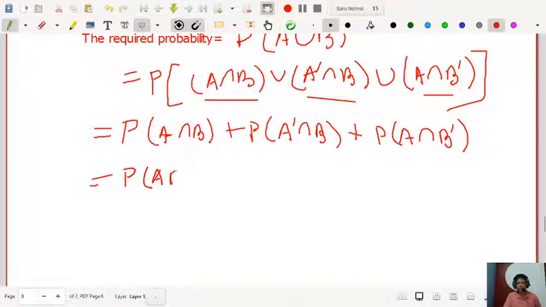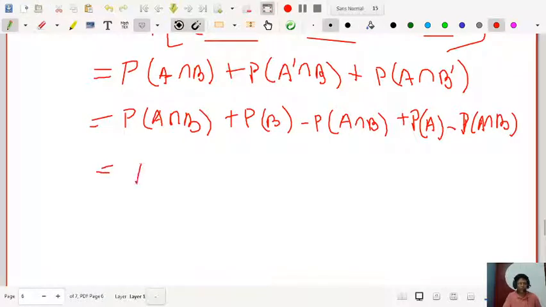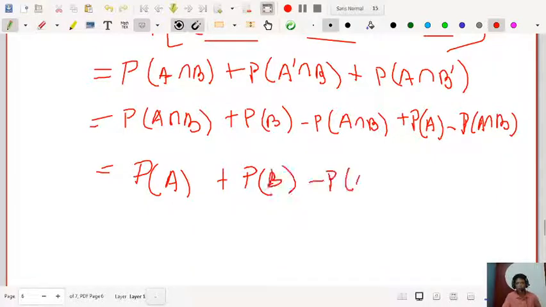Probability of A intersection B, and probability of B minus probability of A intersection B, plus probability of A minus probability of A intersection B. Using relations 1 and 2, you will get the final result: the addition rule, which is nothing but the theorem of total probability for two events, okay?